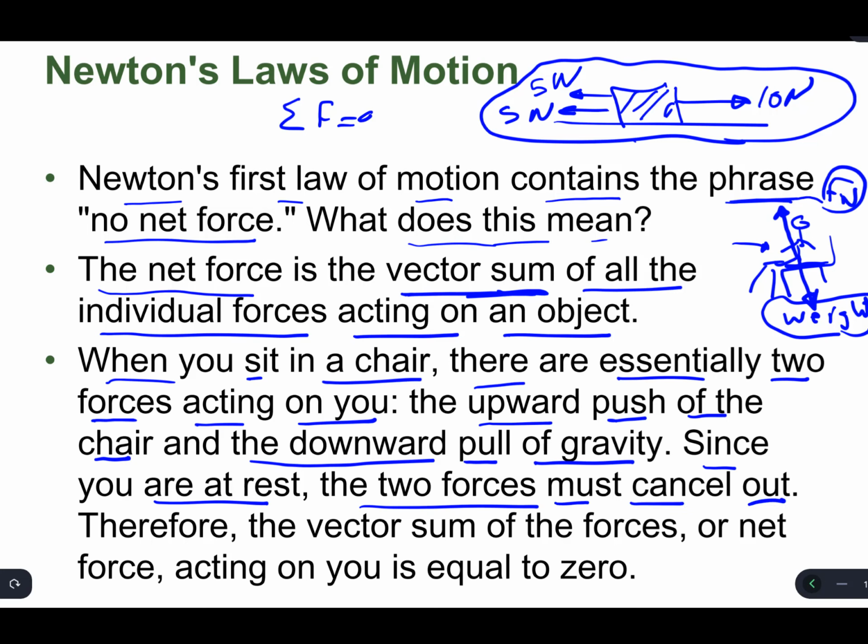They are equal in magnitude, opposite in direction. Therefore, the vector sum of the forces, or the net force acting on you, is equal to 0. Here we discussed that an object at rest will continue at rest as long as the net force equals 0.